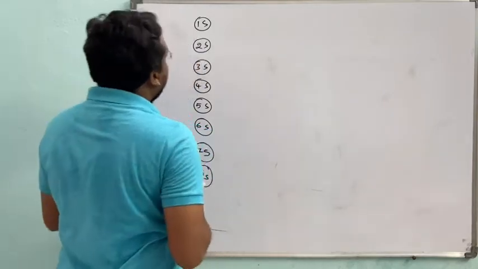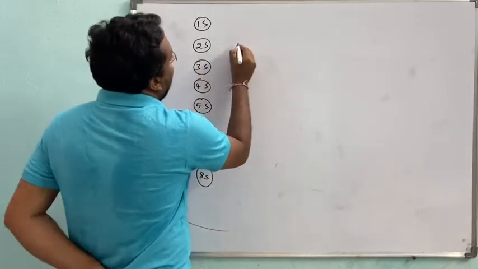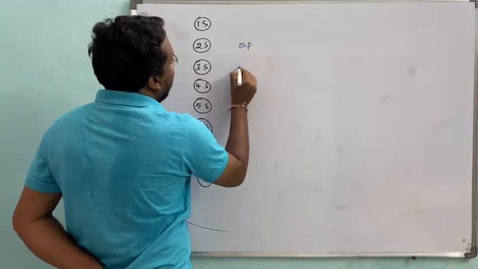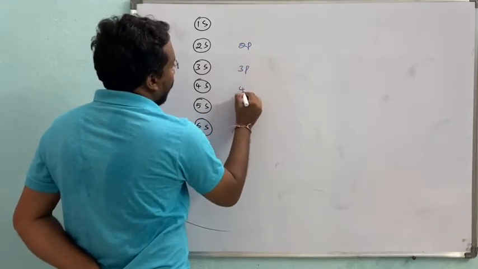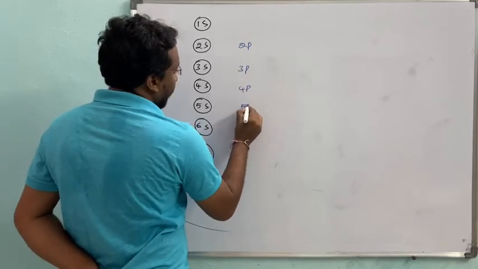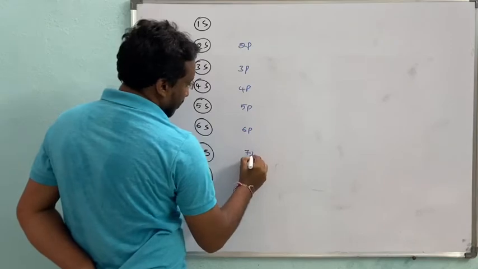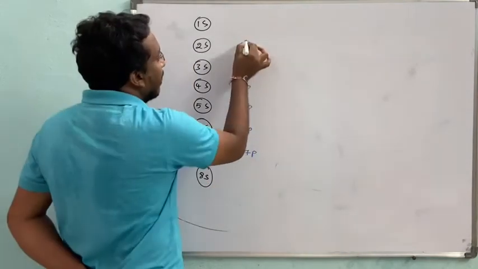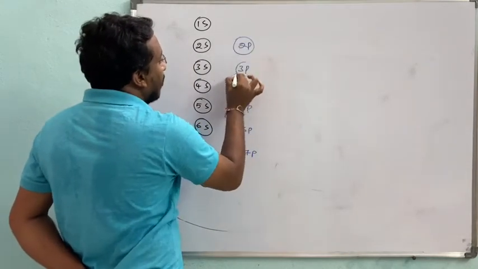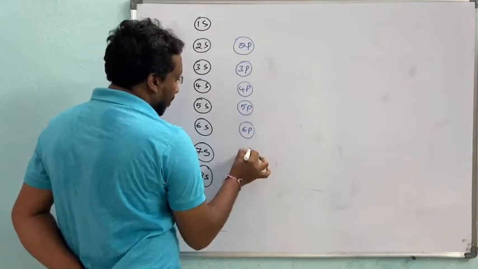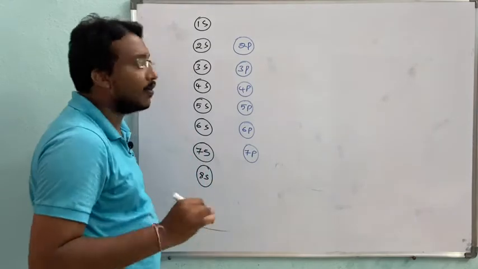Okay, right. Next, take 2p, 3p, 4p, 5p, 6p, 7p. Got it?